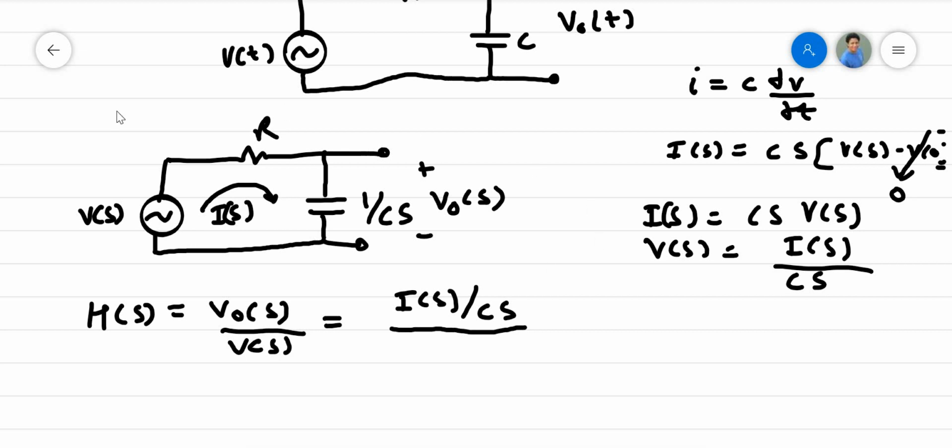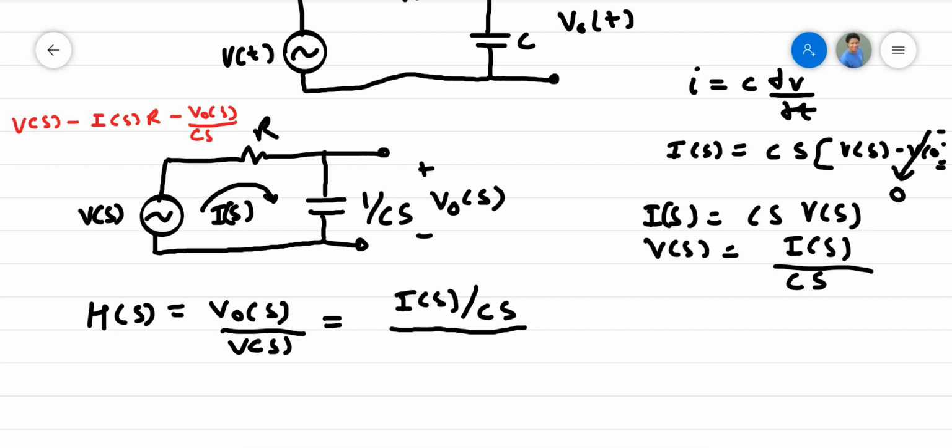Now we have to find out V(s). So V(s) we know is I(s) times R plus I(s) by Cs.